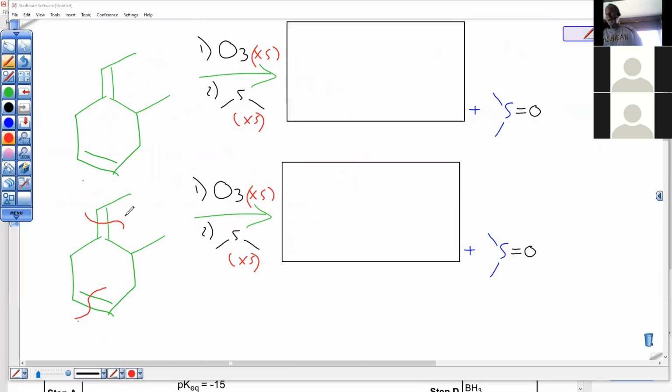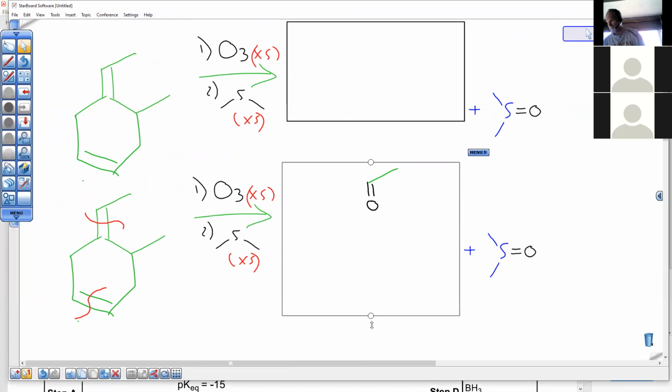All right, now up here, you're going to get C single bond to C with a double bond to O. Make my box taller.